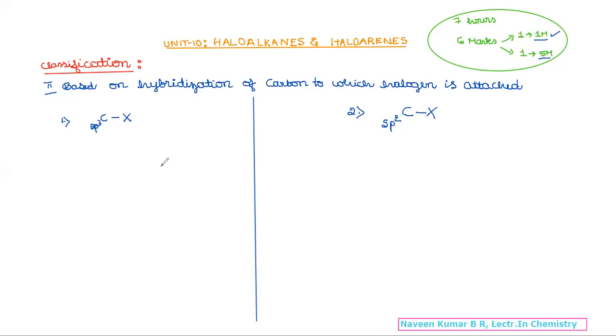Now in the first case, that is the halogen attached to an sp3 hybridized carbon atom, we have the simple alkyl halides or haloalkanes first. Then we have allylic halides. And we have the other type as benzylic halides.